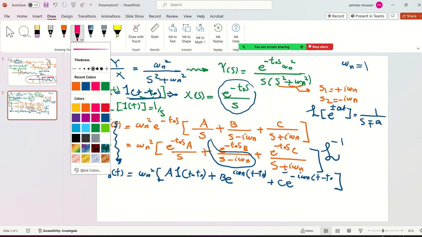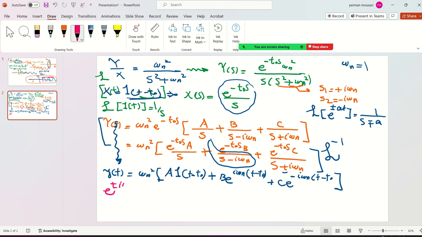Using the Euler equation I told you, remember that you had in your notes, e to the plus or minus i theta is cosine theta plus or minus i sine theta. This i, this i, this i. That's right. So you see that it is eventually going to be omega n squared a, t minus t naught, and I'm skipping the math because I have done this previously.